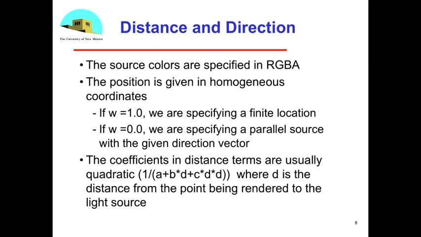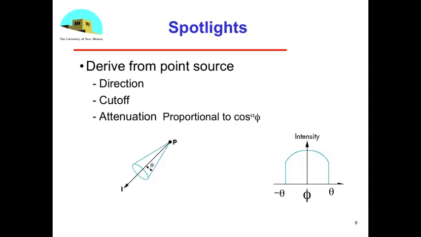I've again left out the distance term. You can add the distance term if you like. Since you're going to be building up the models yourselves, it's fairly simple to add. What about spotlights and cutoff? These are the functions that used to be in the fixed function pipeline. For a spotlight, you'd specify a direction, a cutoff, which would be essentially that angle. So it would be 0 except between minus theta and theta.